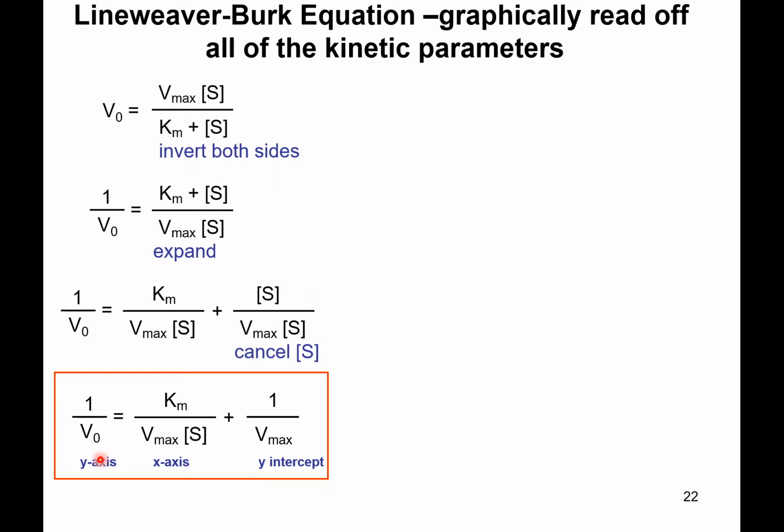Okay, 1 over V naught, that's our y value, which would be our y-axis on our graph. Km divided by Vmax times 1 over substrate, that'd be our x-axis, and plus 1 over Vmax turns out to be our y-intercept.